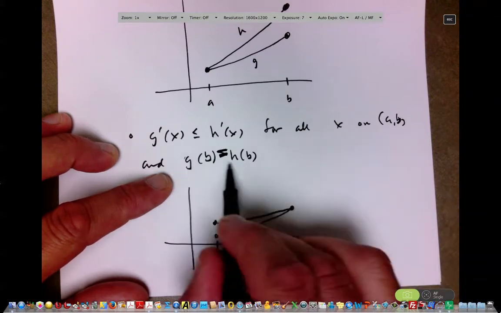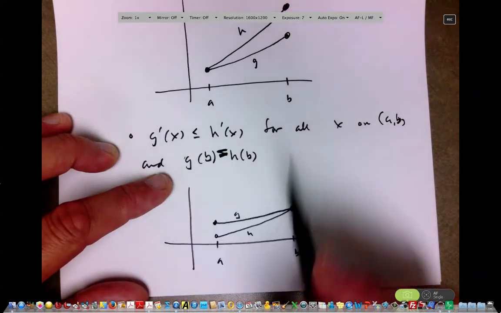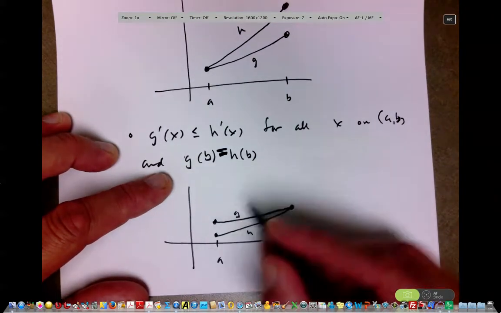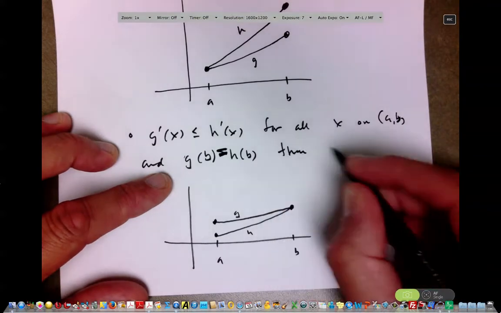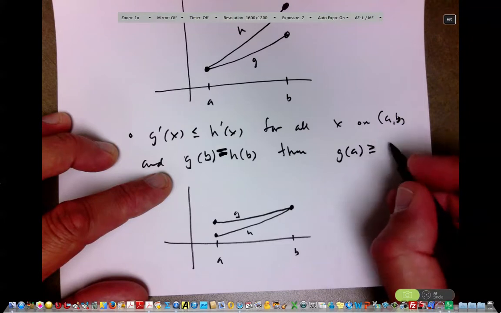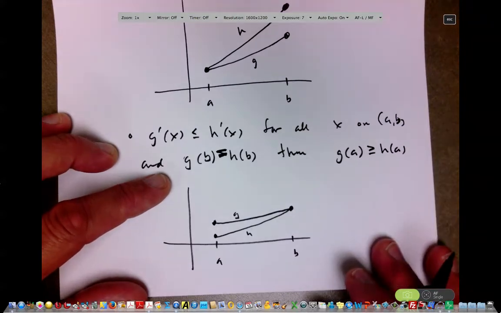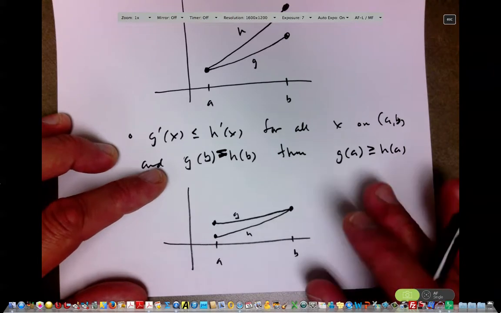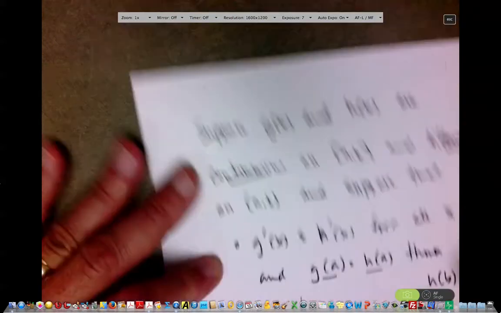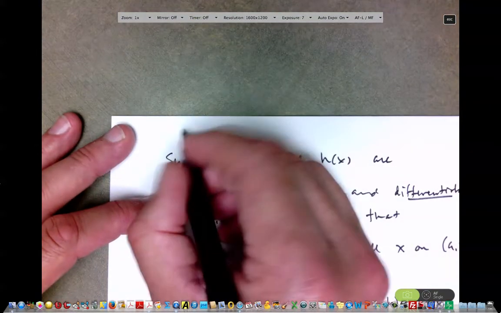If these two are equal to each other at the end, and g prime is less than h prime, then that means g of a would have to be bigger than or equal to h evaluated at a. Again, we're just talking about how fast these functions are increasing or decreasing. This theorem is actually called the racetrack principle.